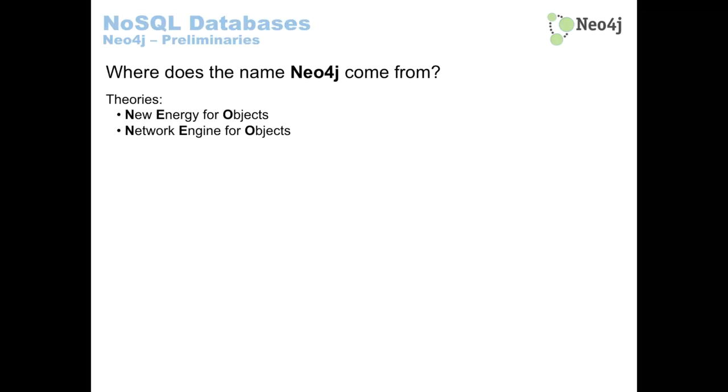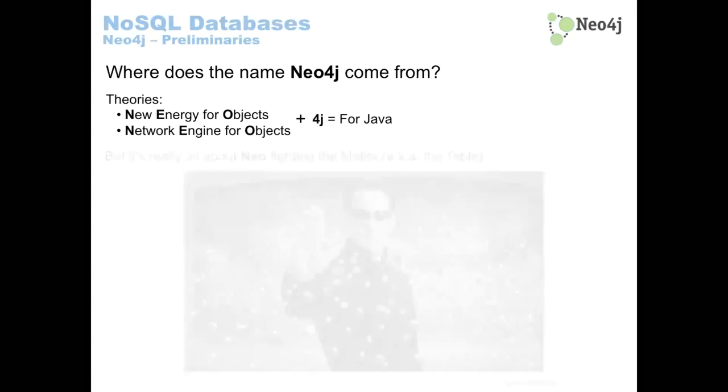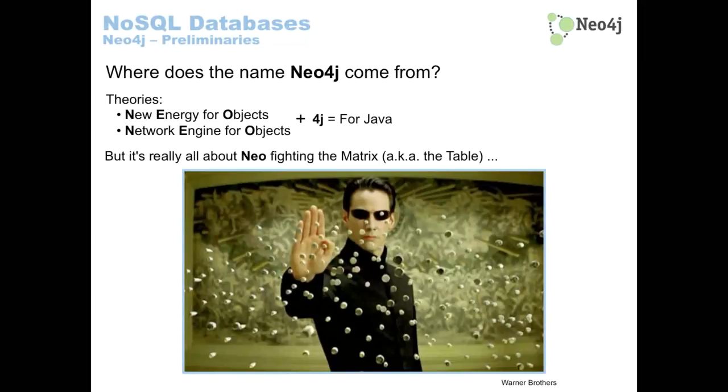Some people say it stands for new energy for objects, or network engine for objects, and 4J stands for Java. But it's really all about Neo fighting the matrix, also known as the table. And so it's the NoSQL databases fighting against relational databases.